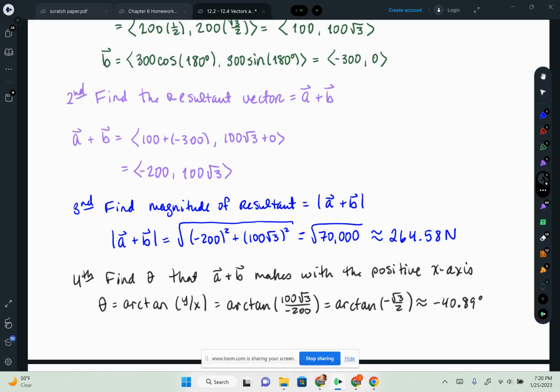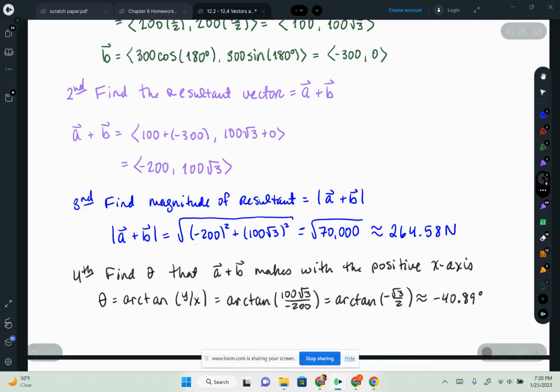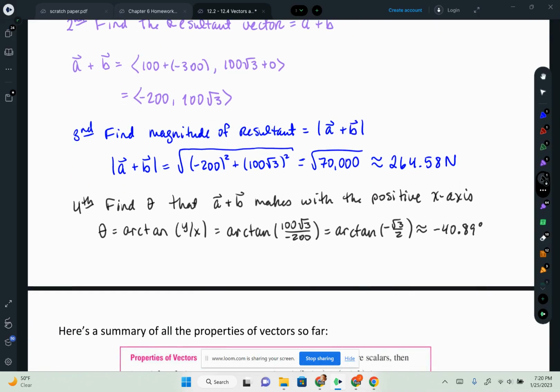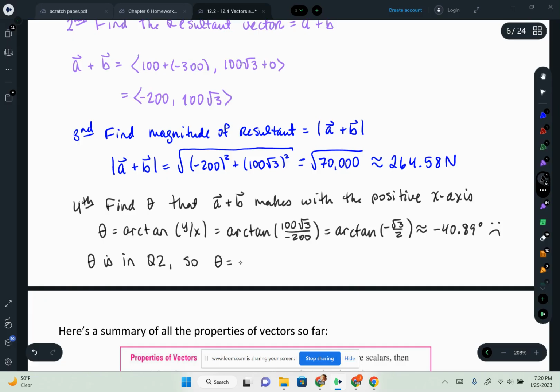But in order to fix it so that we can be in the second quadrant, what we have to do is say, okay, well, that was bad. We don't like that. So this means that theta is in quadrant 2. So theta is equal to our angle, negative 40.89 plus 180 degrees, which is going to give us approximately 139.11 degrees.